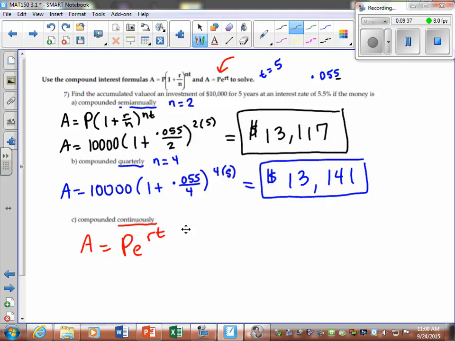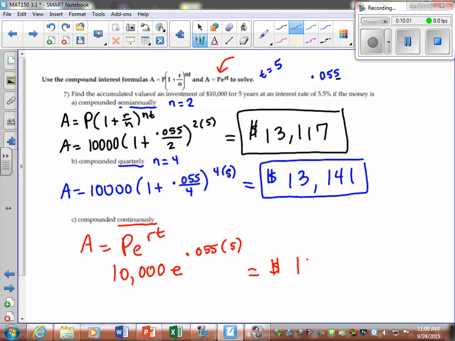So we plug that in, our principal. E is our value E, the rate is still 0.055 for the same problem, and the time is still 5.